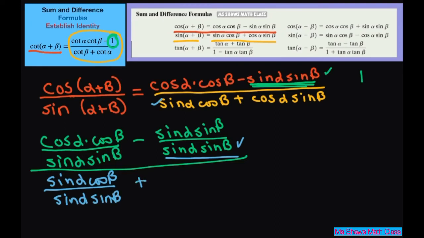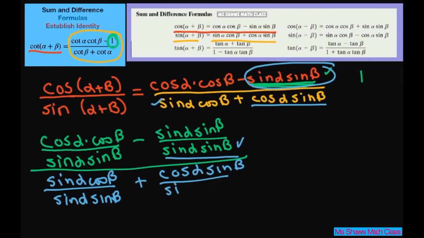Then we have a plus. Copy this down. Cosine of alpha sine of beta divided by this again. This should be under each piece, each term. And then everything should fall into place.